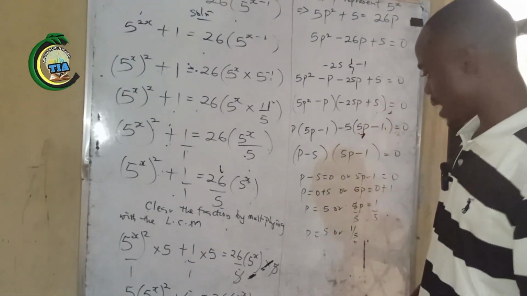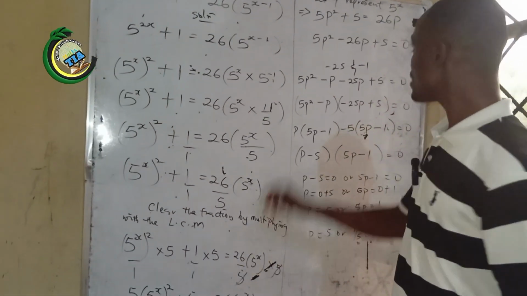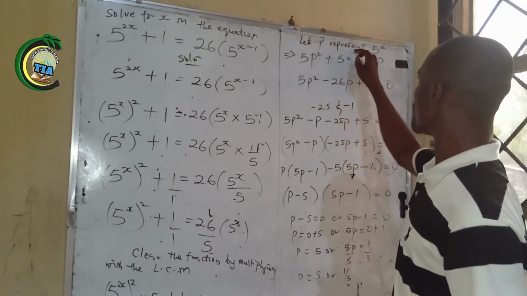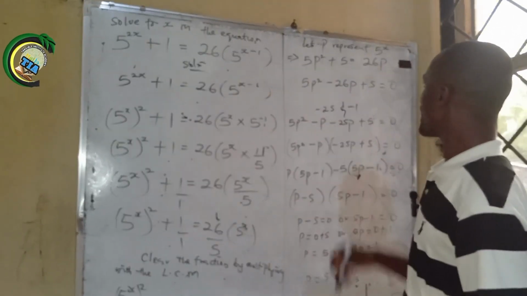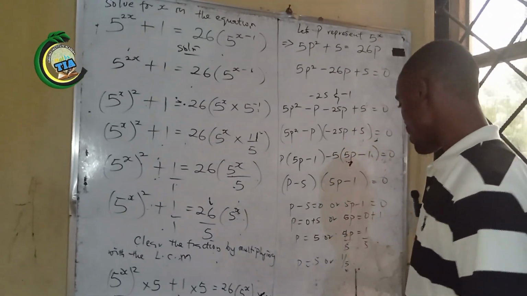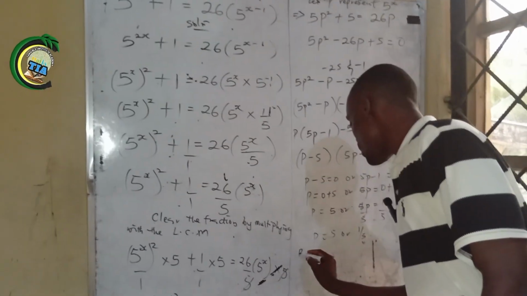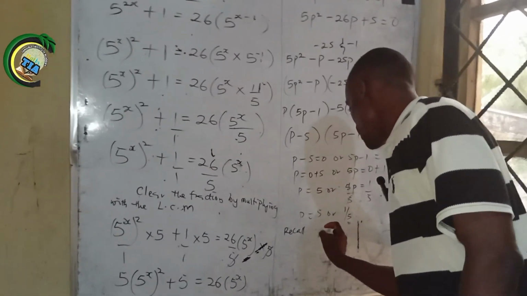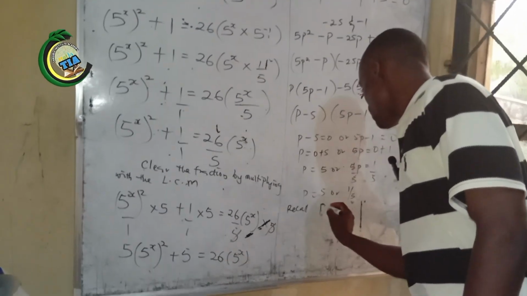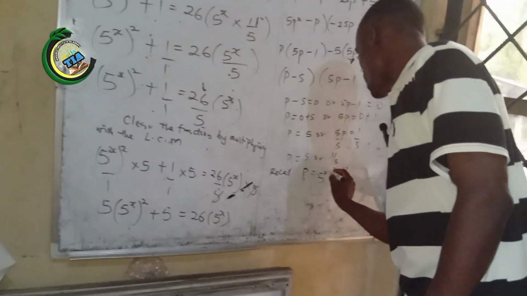But you should recall that we've already said here that let p be equal to 5 raised to power x.